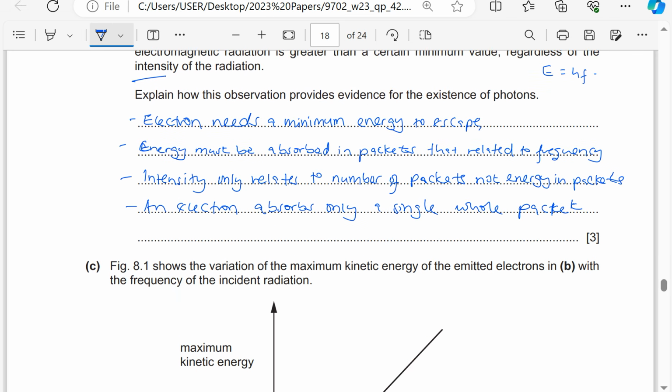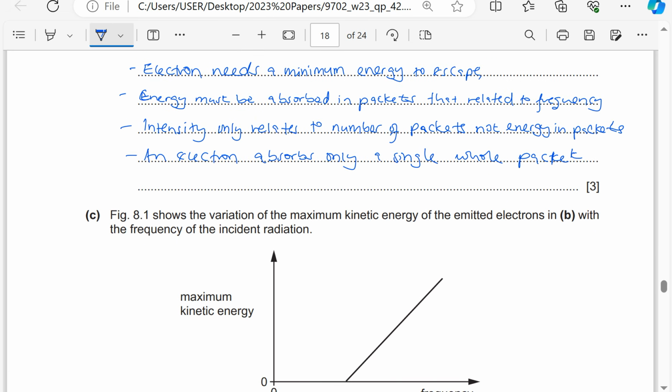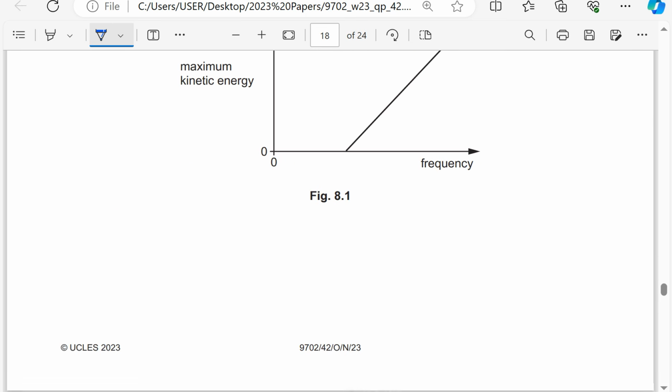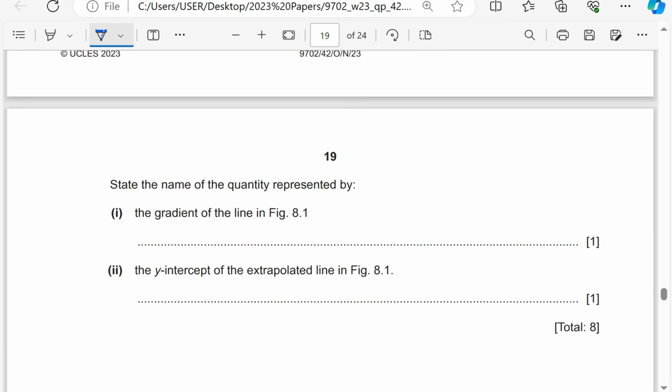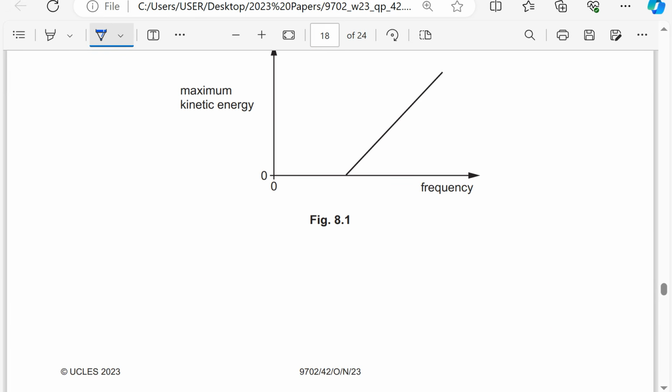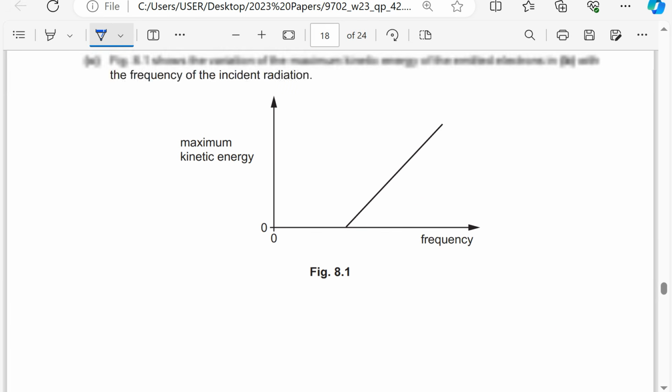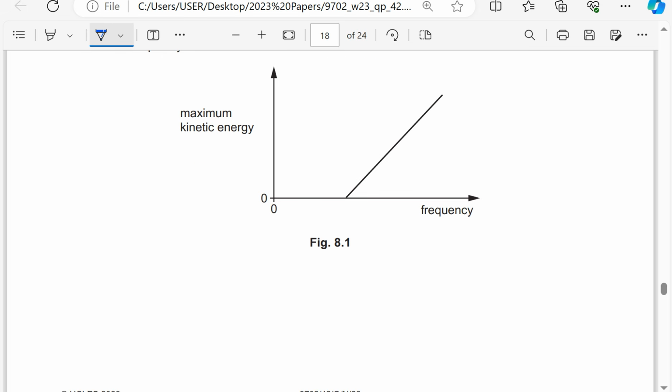Okay. So the figure shows the variation of the maximum kinetic energy of the emitted electrons in B with the frequency of the incident radiation. State the name of the quantity represented by the gradient. So this is maximum kinetic energy against frequency. Of course, this is going to be f naught, threshold frequency.